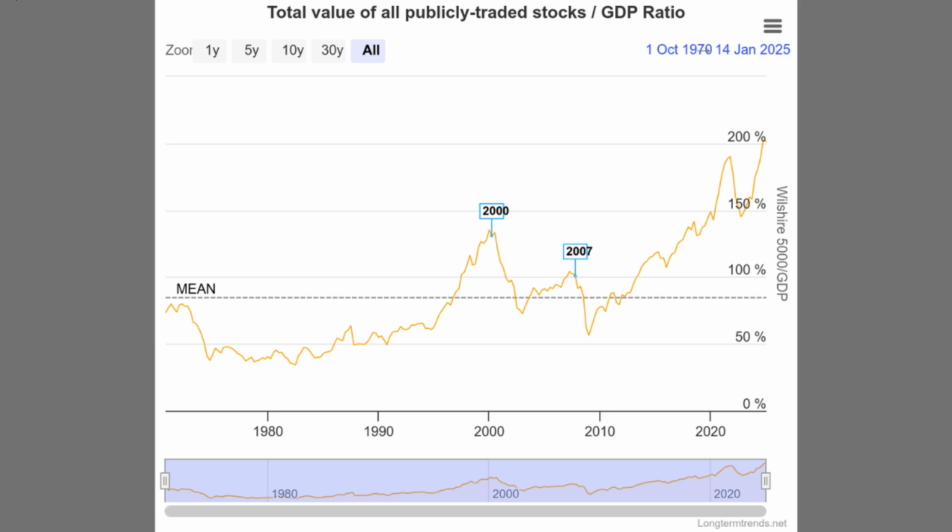And he uses that as an indicator to tell him that the stock market is overvalued compared to the size of the economy. So this is why Warren Buffett is selling stock and sitting on cash, because he thinks eventually these stock prices are going to go down relative to GDP. That probably means repricing in stocks, lower prices in stocks.